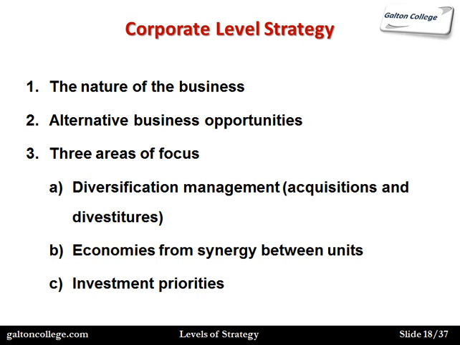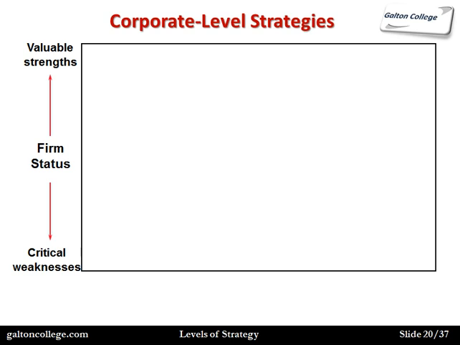When we consider corporate level strategies, there are a few models around which we could look at, and these will be picked up in other videos in the series. But one would be to look at, let's say, the firm's status, ranging from critical weakness at the bottom to valuable strengths at the top.